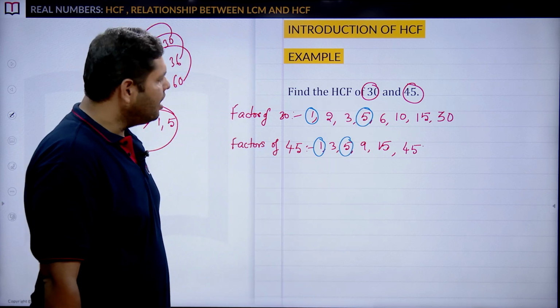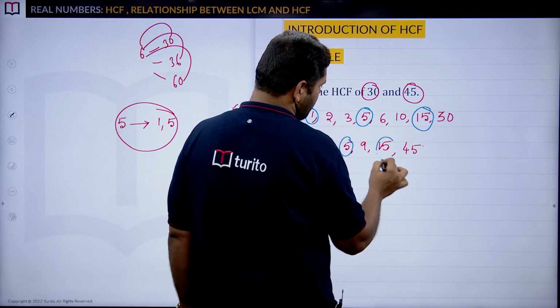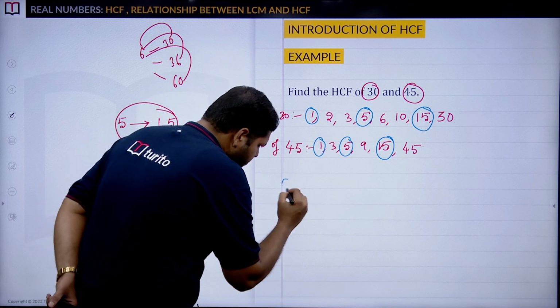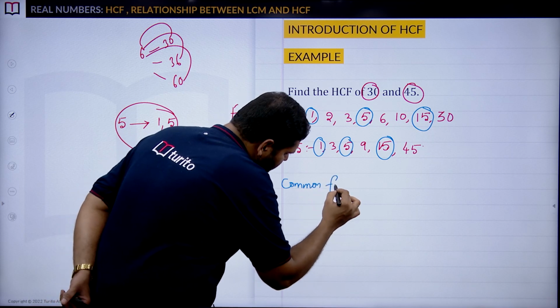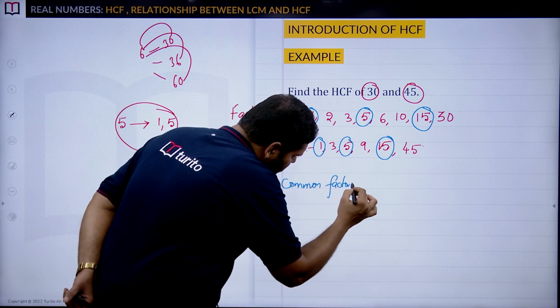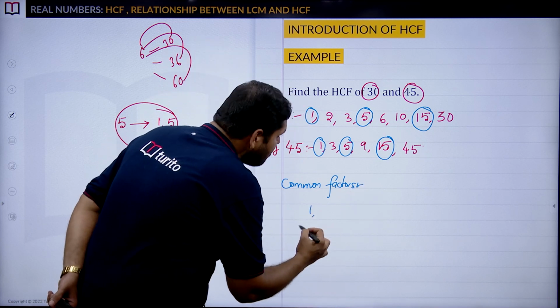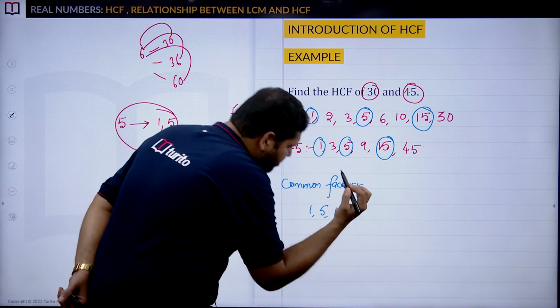And next one, children, I can say 15 also common. So I am writing now the common factors. 1 is a common factor, 5 is a common factor, and 15 is a common factor.